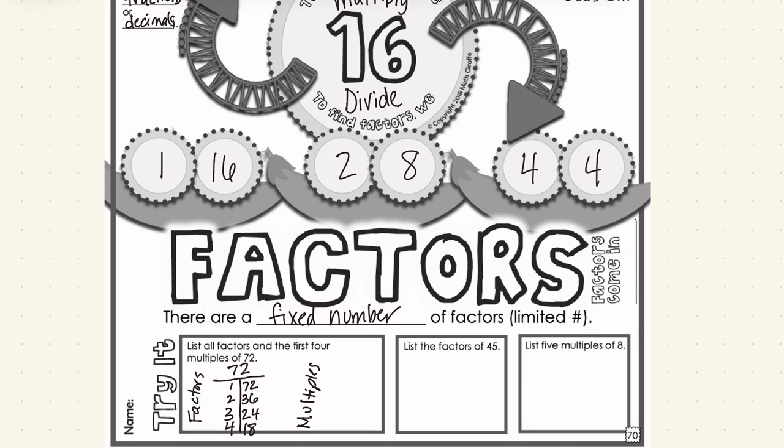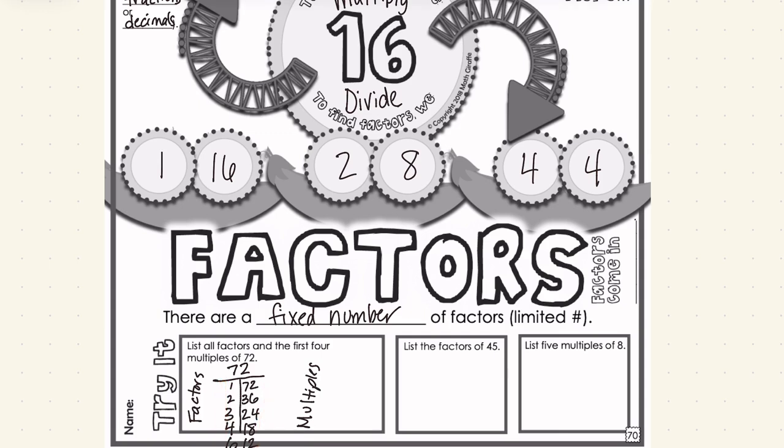5 is not a factor. 6 is. It is 6 times 12. And then 7 is not, but 8 is. It's 8 times 9. Those are all of our factors. When I list them out, I would list them in number order, start from this 1 and work my way down and then work my way back up here.